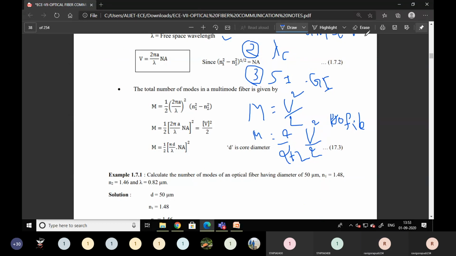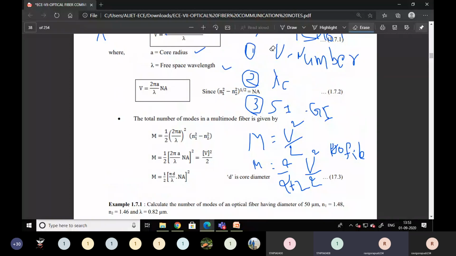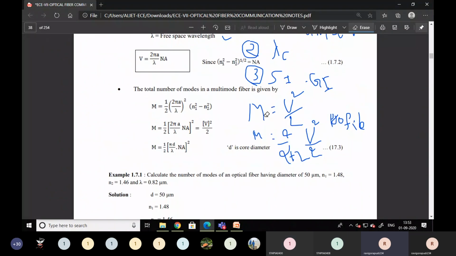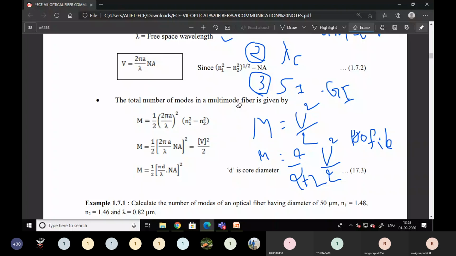All of you. Yes, sir. Then go for the first problem. All of you write the first problem, 1.7.1. Write down this problem.